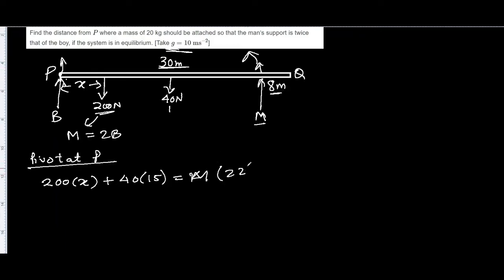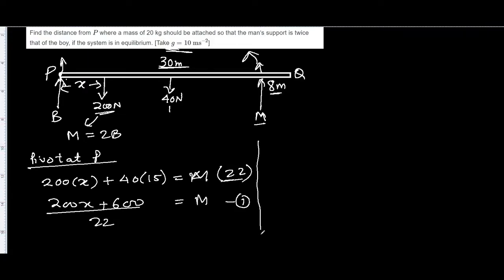Alright, so let's isolate M on this side, and it will become 200x plus 600 divided by 22. If I bring this 22 to the other side by cross multiplication, it will divide. This is our equation number 1.